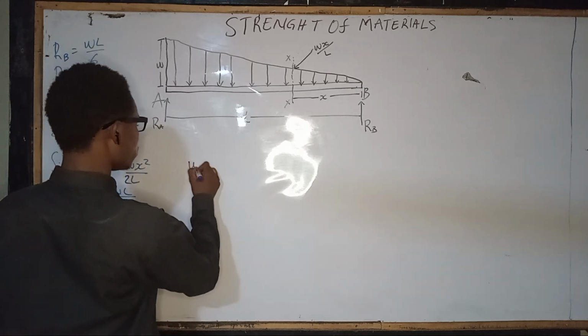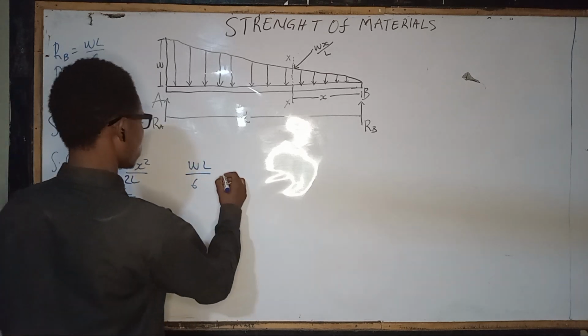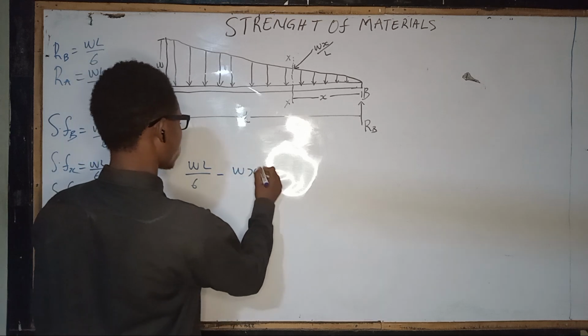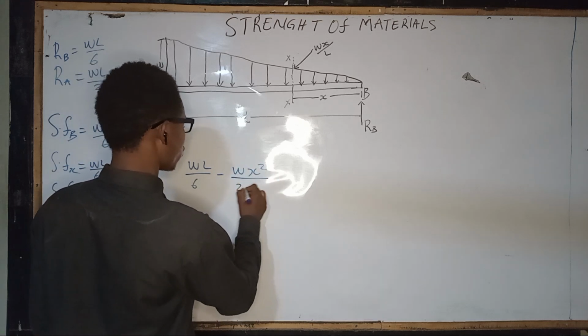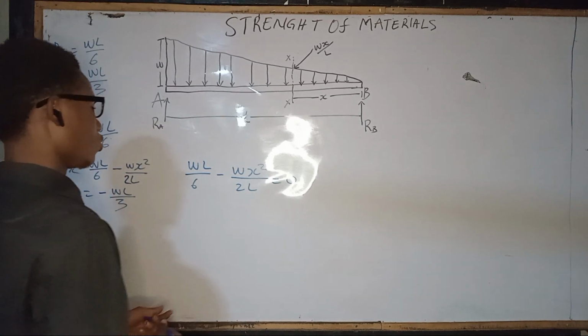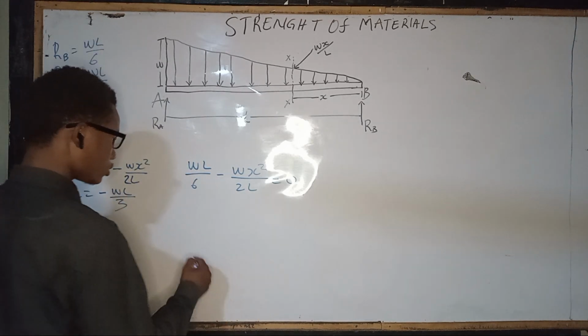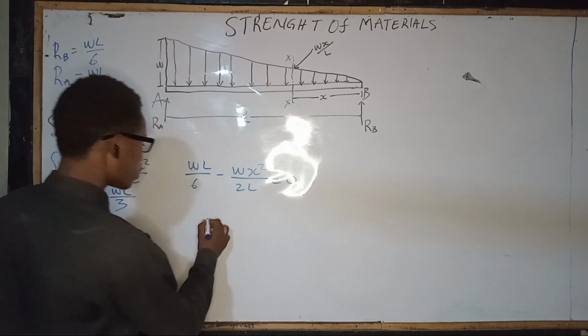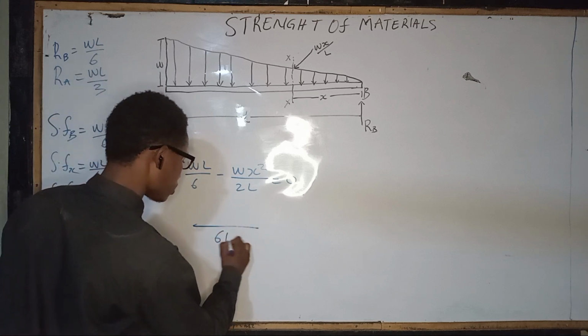So we have WL over 6 minus Wx squared all over 2L is equal to 0. If we are finding the LCM of this, we are going to get 6L.